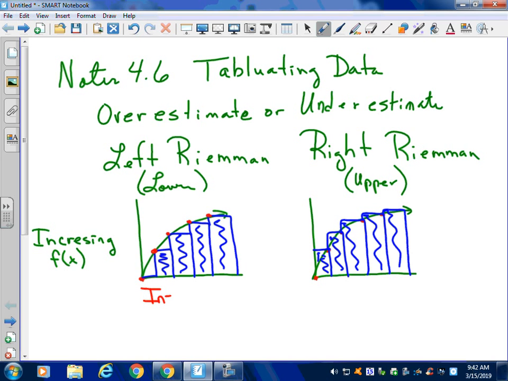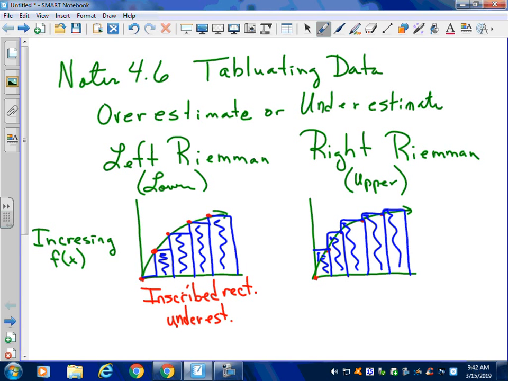Can somebody tell me why they think that's called inscribed? Correct. Right. Your rectangles are inside. That makes it an underestimate, because you're missing a little bit under that curve.